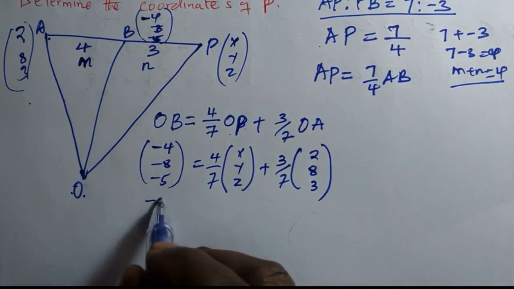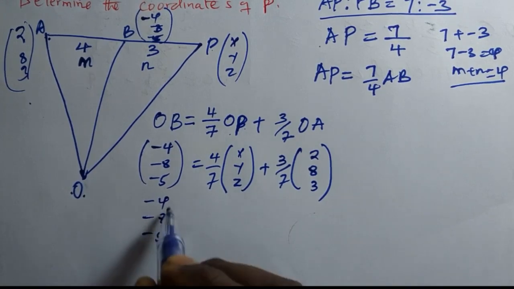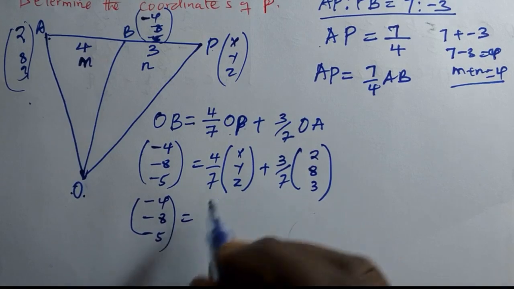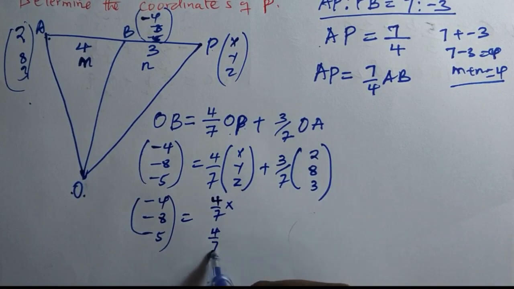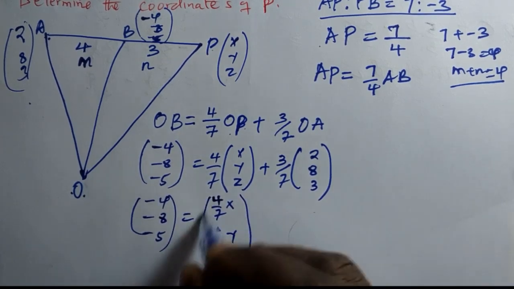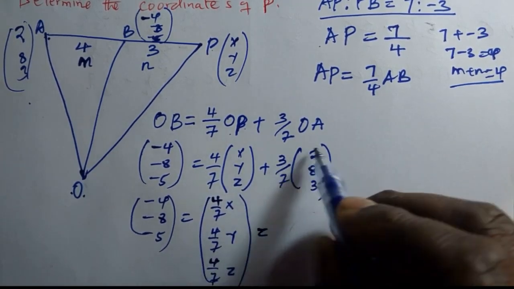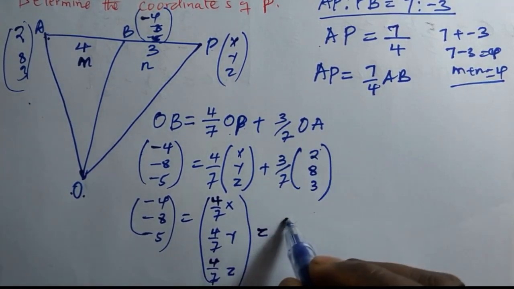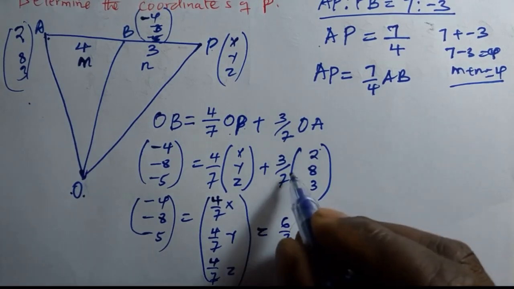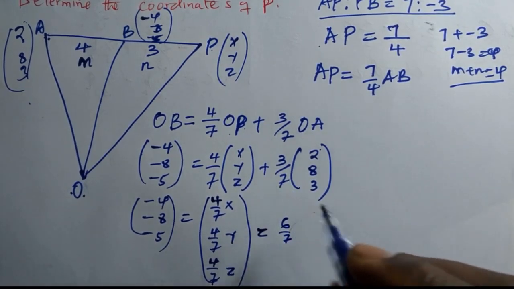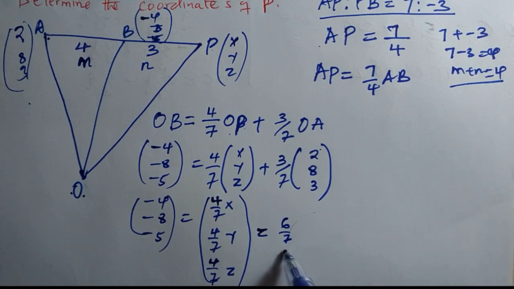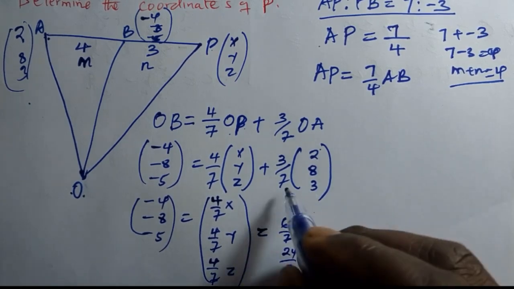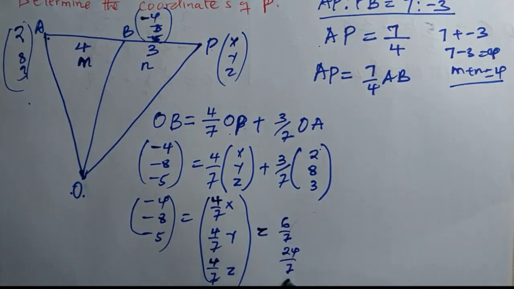So it means -4, -8, -5 is equal to 4 over 7x, 4 over 7y, 4 over 7z, plus, let us multiply 3 over 7 times 2, itakuwa 6 over 7, 3 over 7 times 8 itakuwa 24 over 7, 3 over 7 times 3 itakuwa 9 over 7.